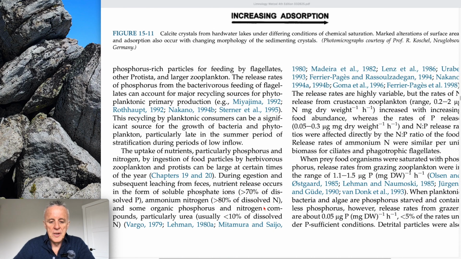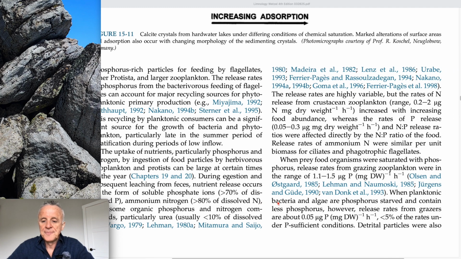The uptake of nutrients, particularly phosphorus and nitrogen, by ingestion of food particles by herbivorous zooplankton and protists can be large at certain times of the year. During ingestion and subsequent leaching from feces, nutrient release occurs in the form of soluble phosphate ions, greater than 70% of dissolved phosphorus, ammonium nitrogen, greater than 80% of dissolved nitrogen, and some organic phosphorus and nitrogen compounds, particularly urea, usually less than 10% of dissolved nitrogen.